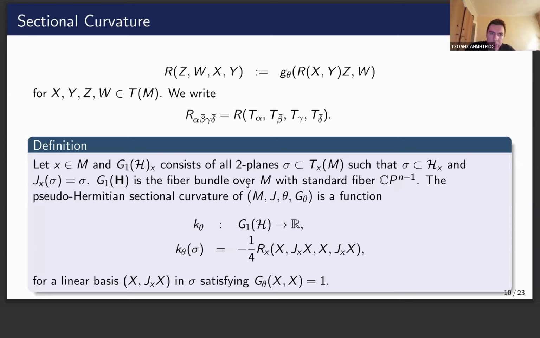And we have a definition of the sectional curvature. So we do it locally first.